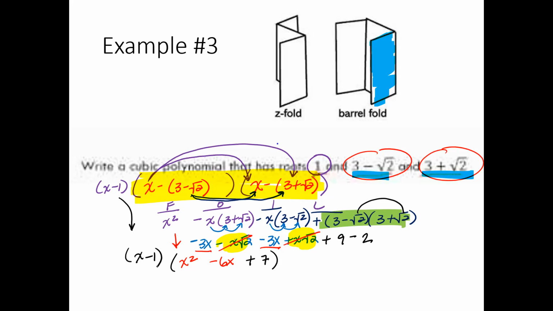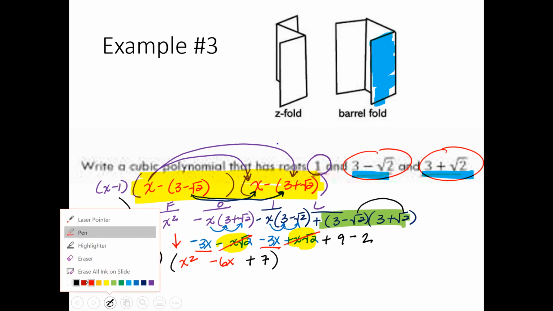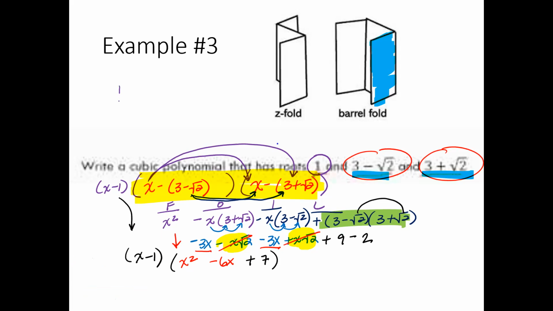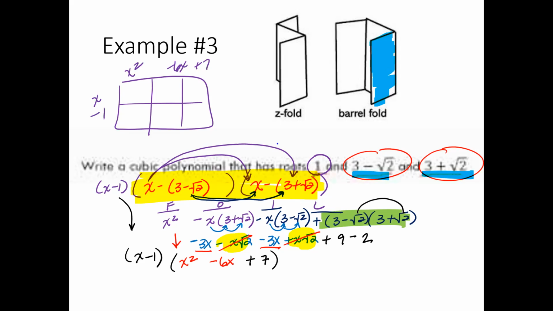Okay, so at this point, remember, you can go ahead and create a box, or you can just distribute it. I personally always like creating the little boxes, so I'm going to create my box. It's a 3 by 2 box. On top, it's x squared minus 6x plus 7. On the left side, it's x minus 1. And then you need to fill in the numbers in the boxes.